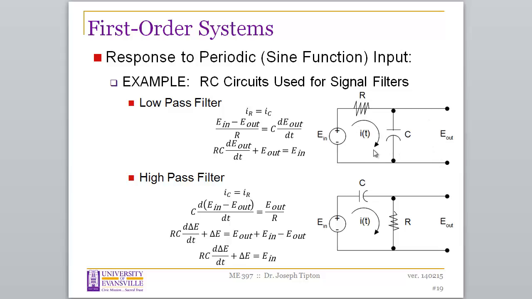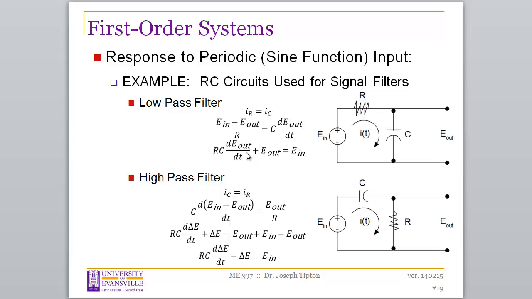The current goes through the loop as shown, so the current must be the same through the resistor and the capacitor. The current through the resistor must equal the voltage divided by the resistance, and the current through the capacitor must equal the capacitance times the derivative of the voltage.